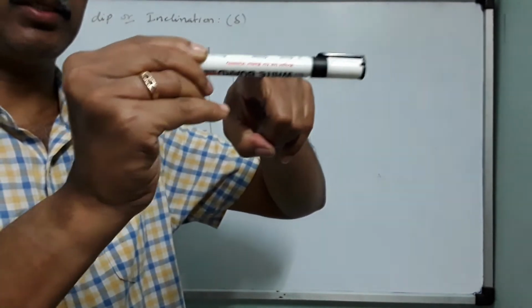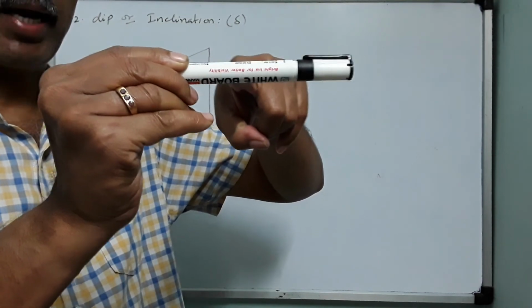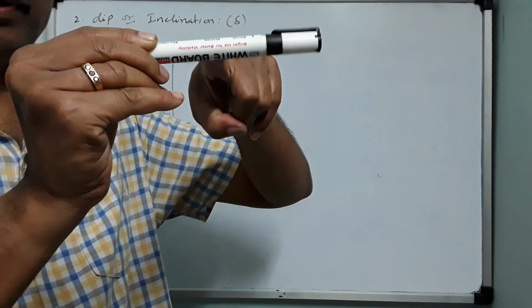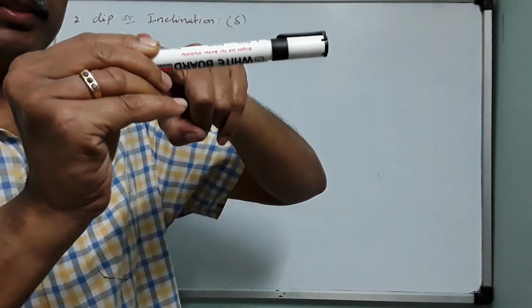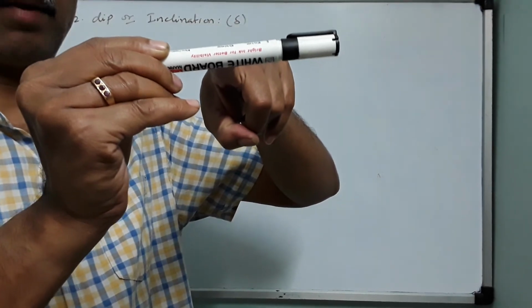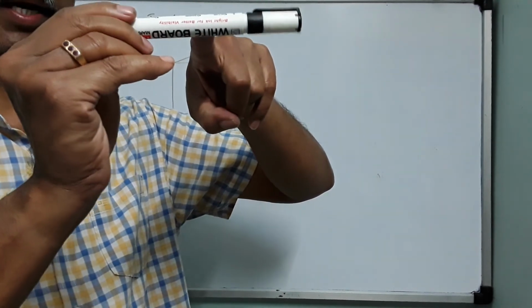Are you able to see? This is horizontal. Now the magnetic needle which is suspended about the horizontal axis is supposed to be horizontal like this, perpendicular to each other. This is in the horizontal plane, this is also in the horizontal plane. Fine. But surprisingly, if you release this, it will go like this. It will make a dip.